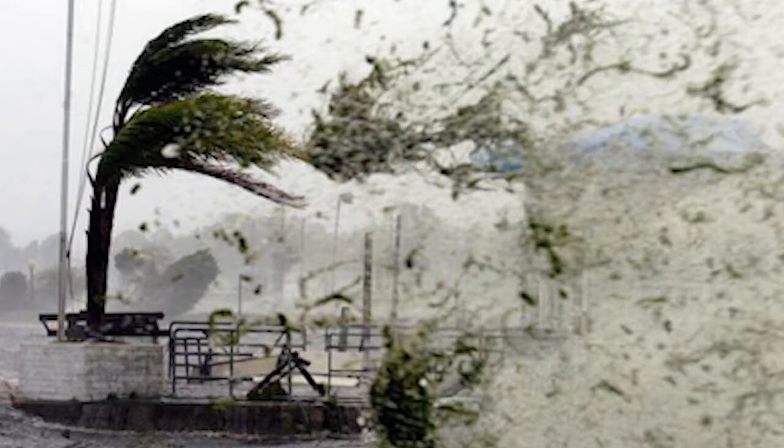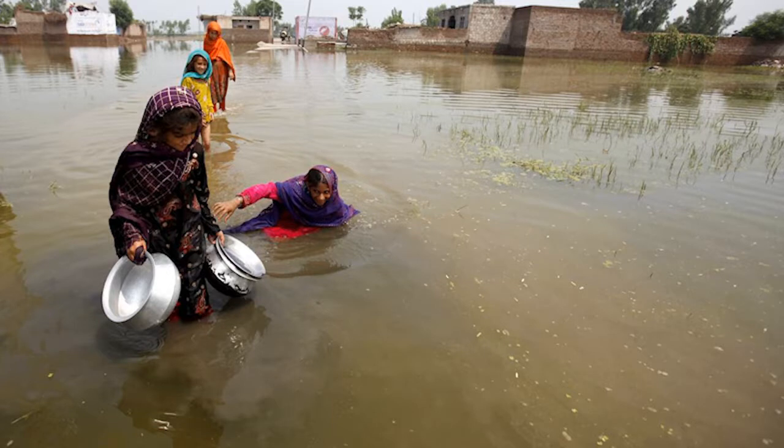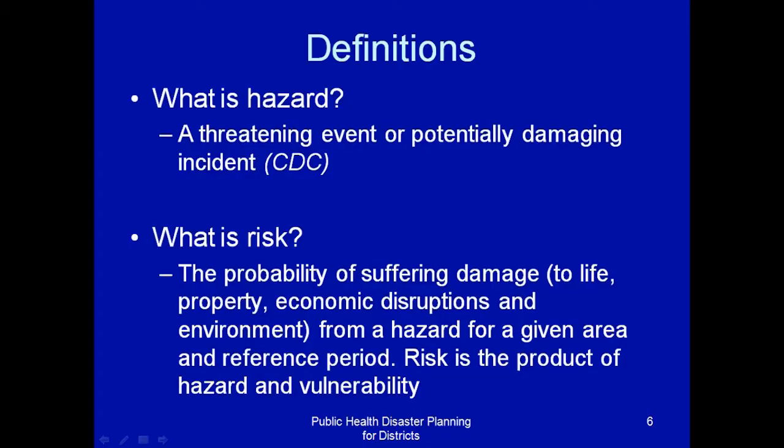A hurricane by itself cannot kill anybody. A flood as it is cannot do anything; it can go to the sea, the ocean. But when it reaches vulnerability, that is when it causes problems. But what is the risk? The risk is the probability of suffering damage to life, property, economic disruption and environment from a hazard for a given or reference period. So risk is the product of hazard and vulnerability.